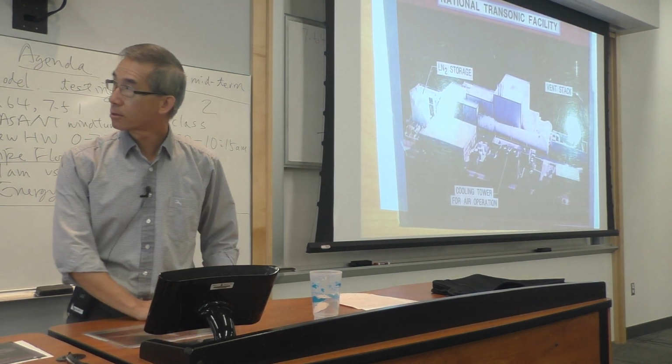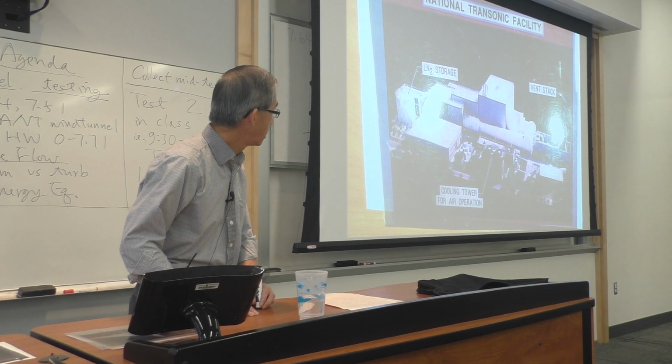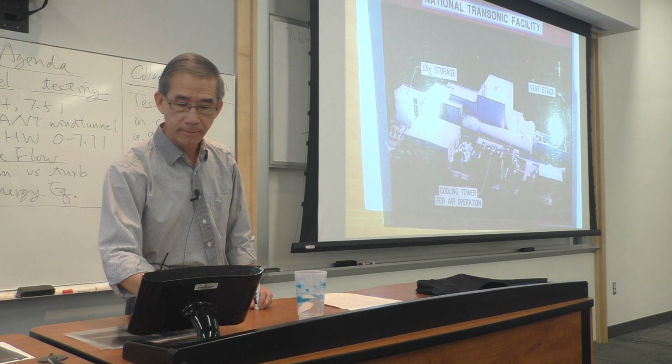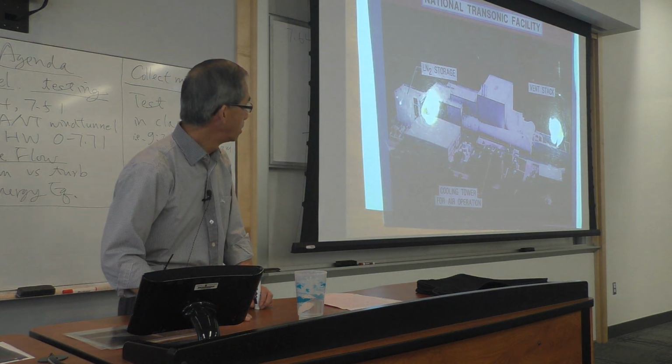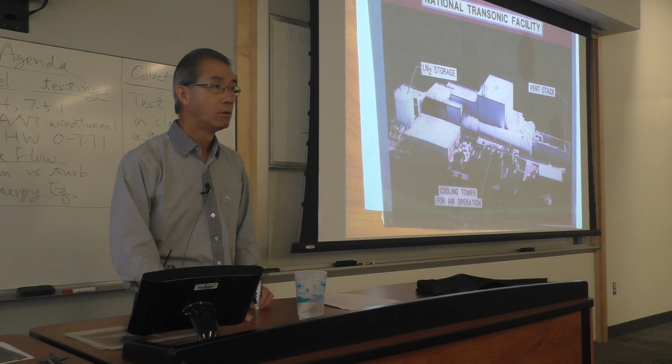So that led to a wind tunnel at NASA Langley. And those of you from Hampton may have seen this before. It's called the National Transonic Facility out at NASA Langley in Hampton. Can you see better now?